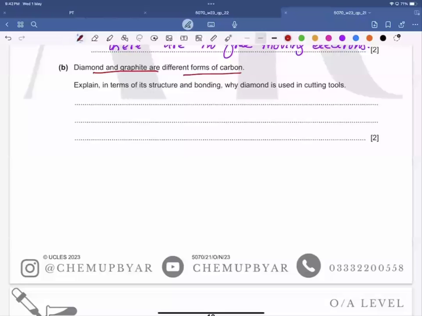Now B part. Diamond and graphite are different forms of carbon. Explain in terms of its structure and bonding why diamond is used in cutting.